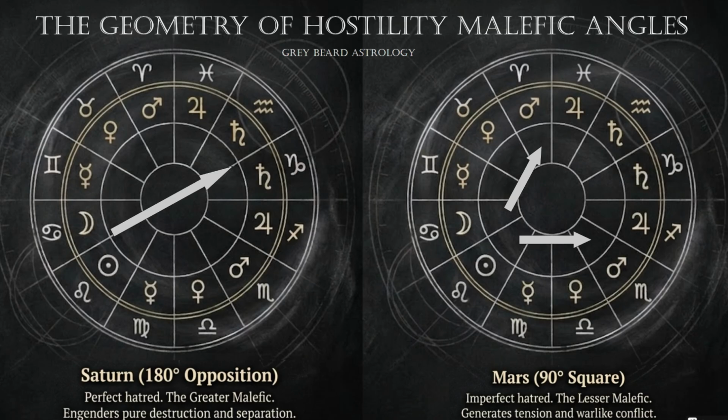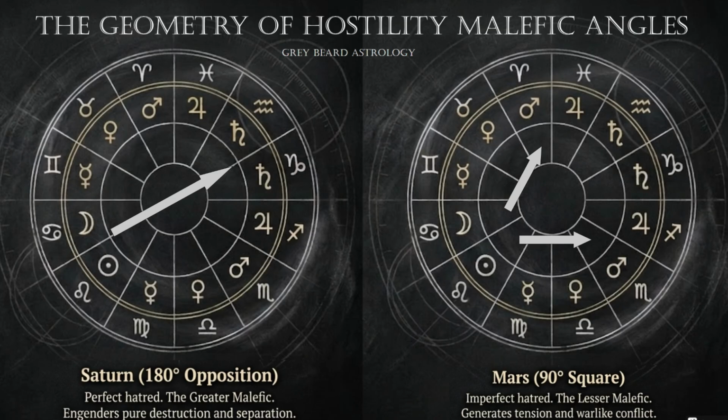So Mars is half of the Saturn opposition. Half of that is 90 degrees because Saturn is the greater malefic and Mars is the lesser malefic. Why? Well, number one, Saturn's a bigger planet. Saturn's further away. Mars is a smaller planet, and Mars is closer. The size of the planet is one thing, so that's why there's greater and lesser.